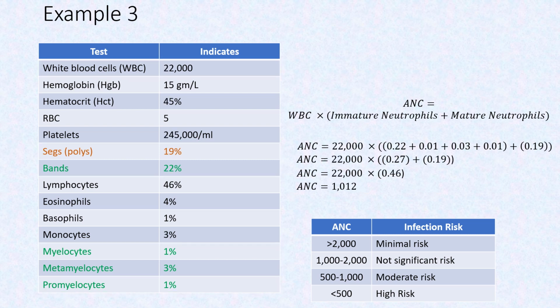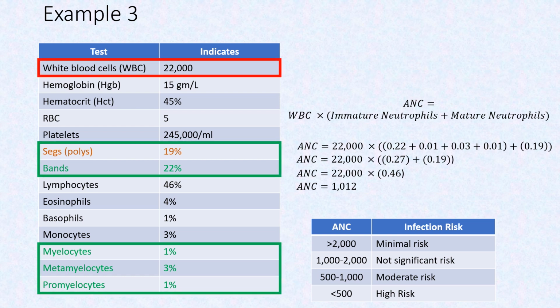In example 3, the white blood cells are 22,000. The mature neutrophils or segs are 19%. The immature neutrophils are the bands, myelocytes, metamyelocytes, and promyelocytes at values of 22, 1, 3, and 1% for a total of 27%.